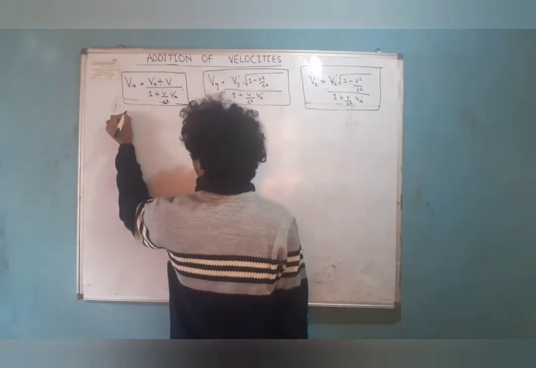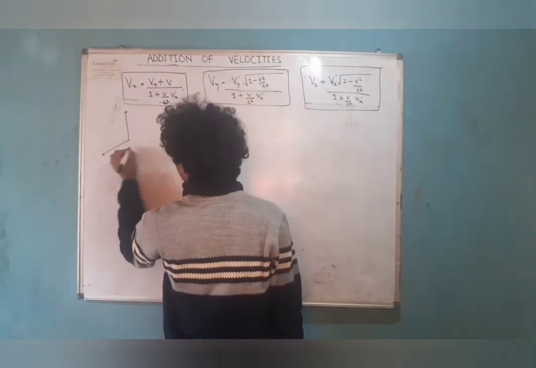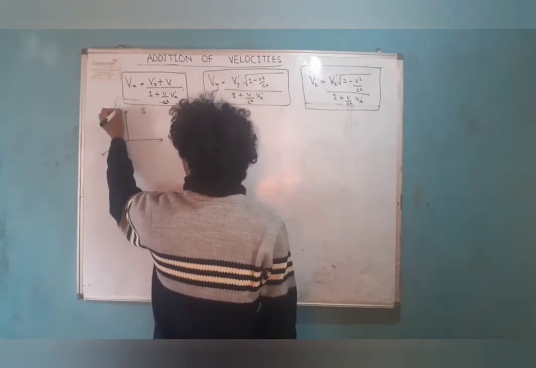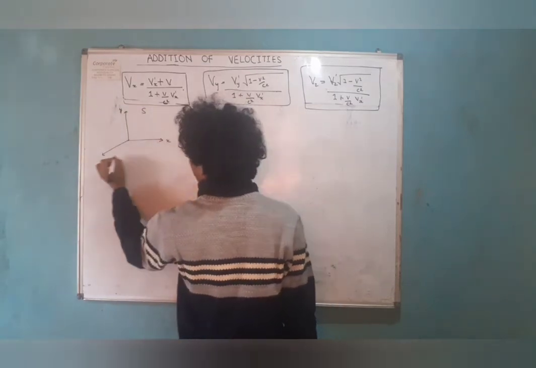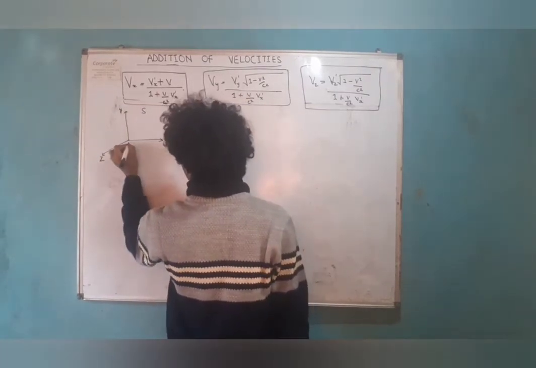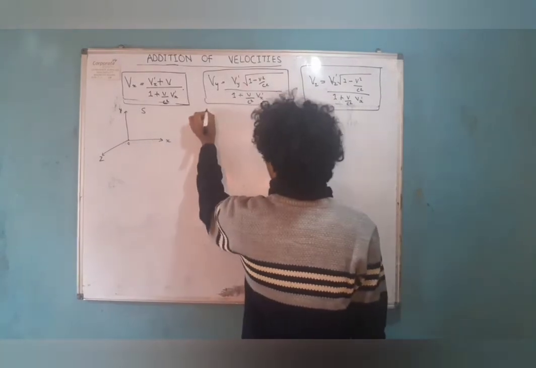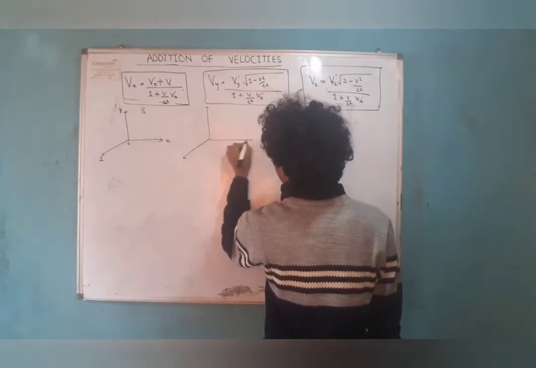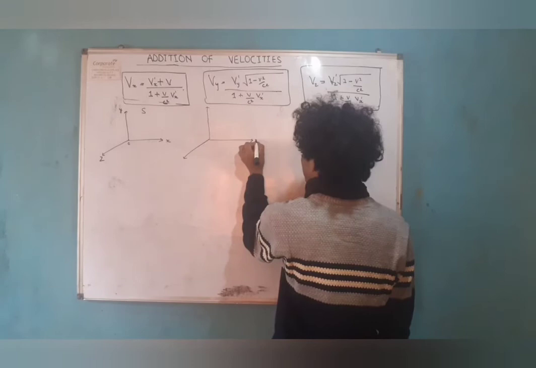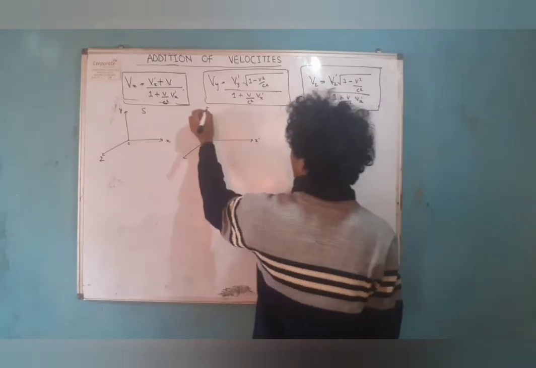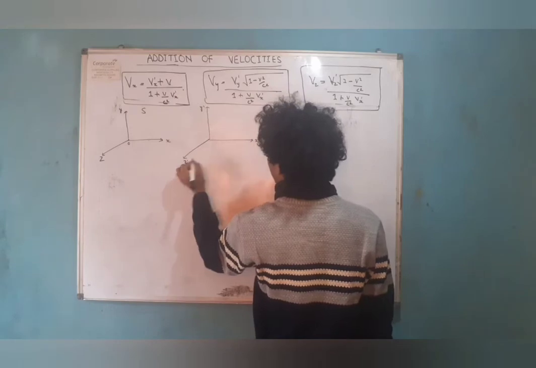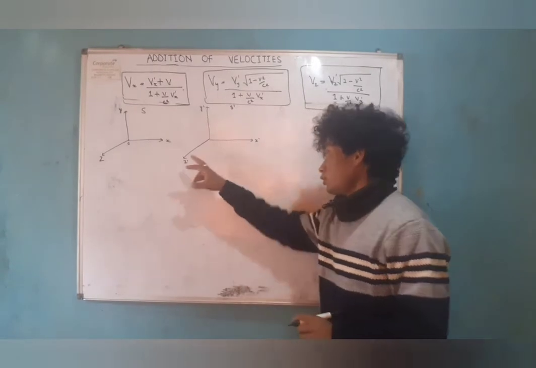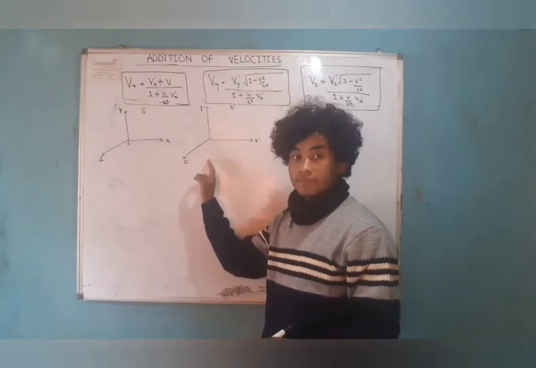This is the S frame, with the y coordinate, x coordinate and z coordinate, and origin O. This is the next frame, the S prime frame, with x prime, y prime and z prime. So here we have assumed two frames, S and S prime.